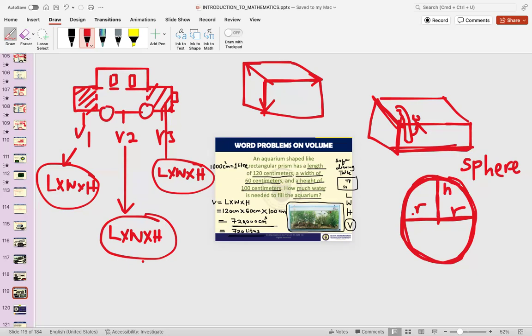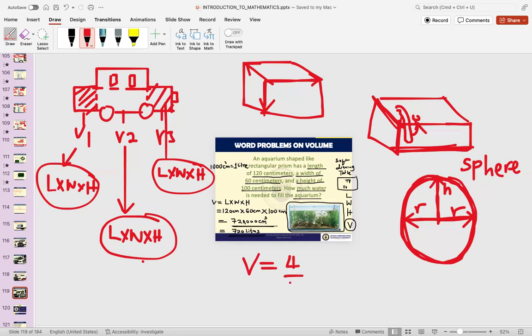So look at the direction. You have a direction from the center to the left, a direction from the center to the right, a direction from the center to the top of the ball. So this is also three dimensions. How do you find the volume of this? There's a formula we use.